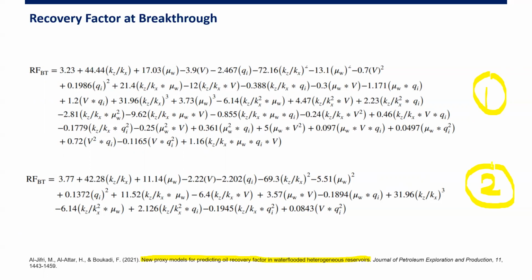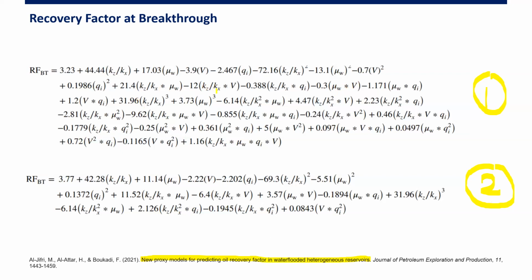They use a generic reservoir model, perform reservoir simulations, and then select 4 key parameters to be varied. The parameters are water injection rate, reservoir heterogeneity represented by this V, the Dykstra-Parsons parameter, the water viscosity, and permeability anisotropy, the vertical permeability divided by horizontal permeability.